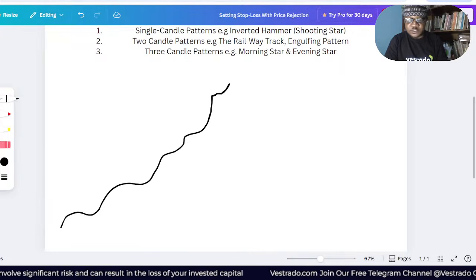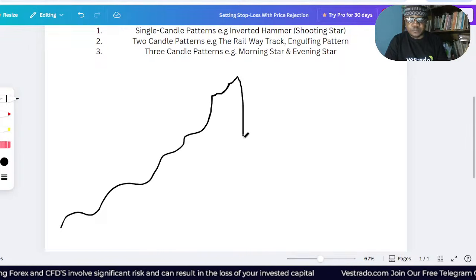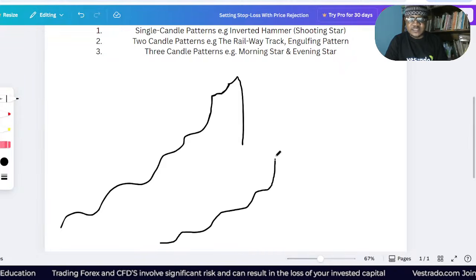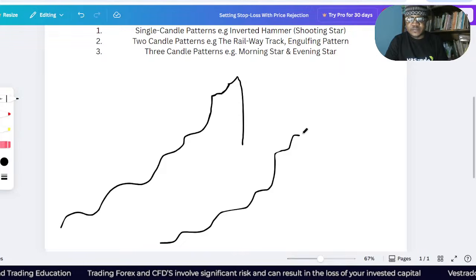On the line chart, this is what it often appears as. So you see a sharp drop. By single candle patterns, you can get something like this.